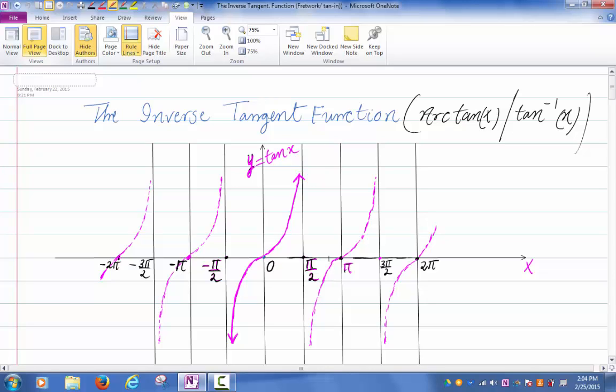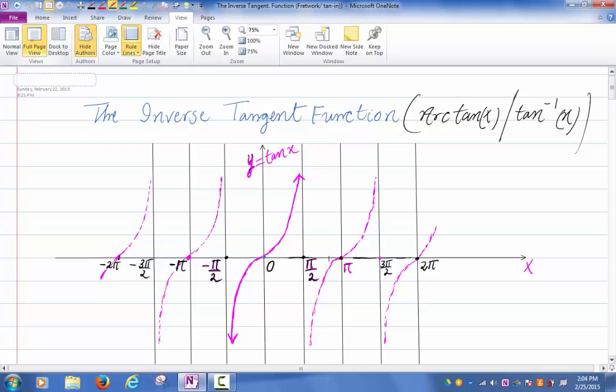Now, what's the domain of the tangent function? The largest domain of the tangent function is what? All real numbers, except... Okay, whoever didn't get it, I'll just give them later. What's the domain of the tangent function?